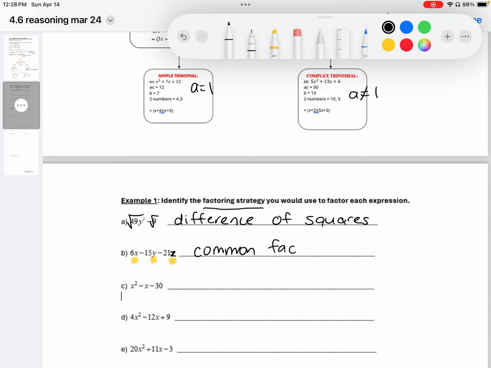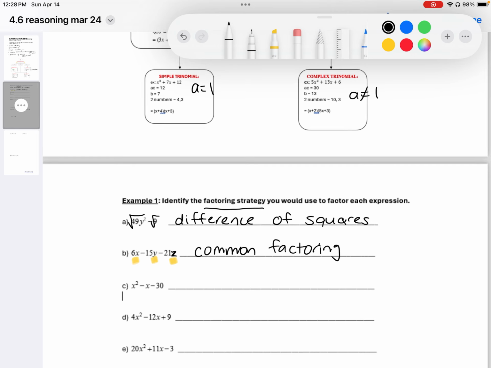because you can't do simple trinomial factoring. It's not in standard form. You can't factor out a common factor first and then even do decomp. So the only thing we can do here is divide by a number term. So as always, try the 6 first. 15 doesn't divide by 6. 21 doesn't divide by 6, so that's not it.